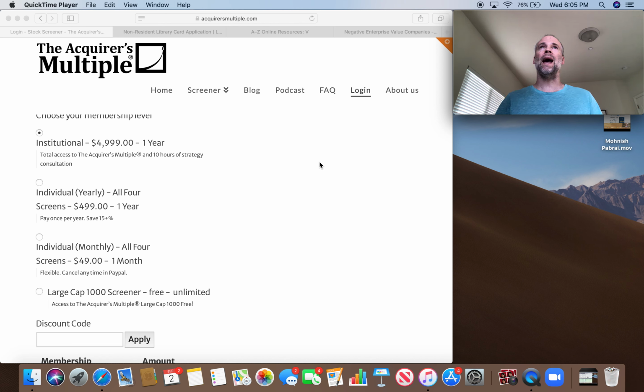And so I've been trying to figure out how to set up a screen to find companies that have a low acquirer's multiple. Of course, one option is just to sign up for the service through acquirersmultiple.com. That's $500 for a year, which would give someone access to a screen for that specific metric.